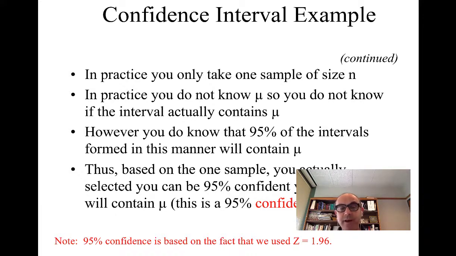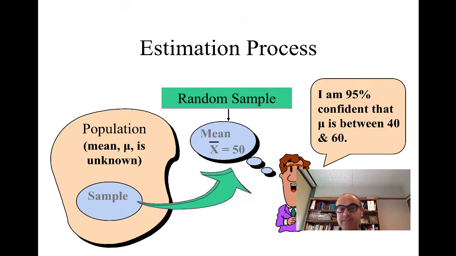However, we know that 95% of intervals formed in this manner contain the mu. So based on the one sample actually selected, you can be 95% confident your interval contains the mu, which is a 95% confidence interval.